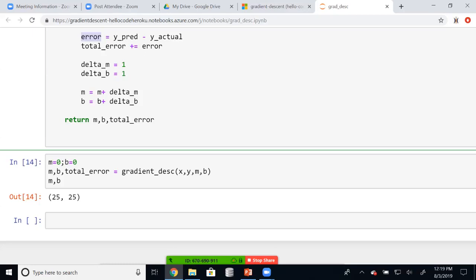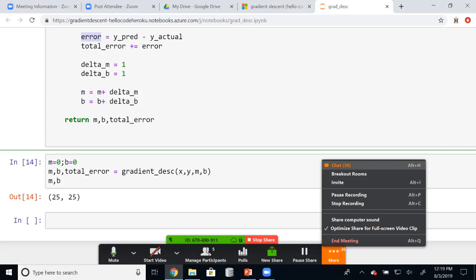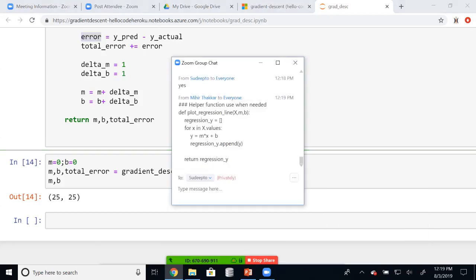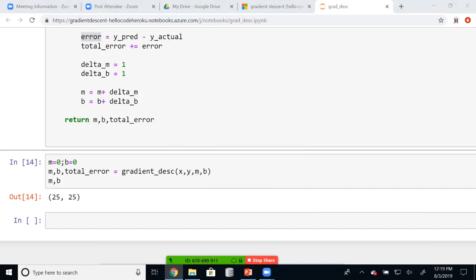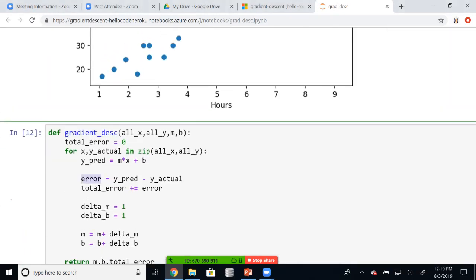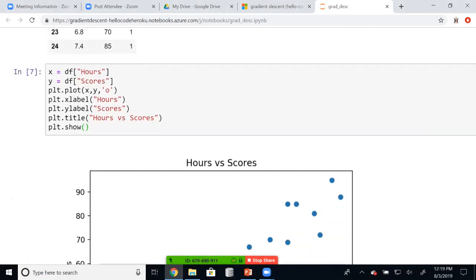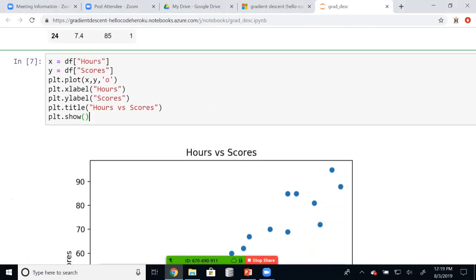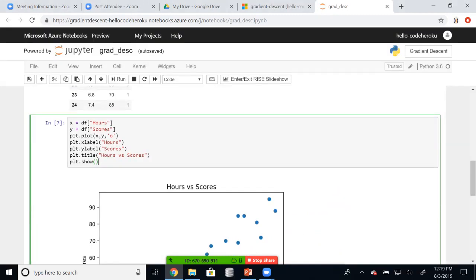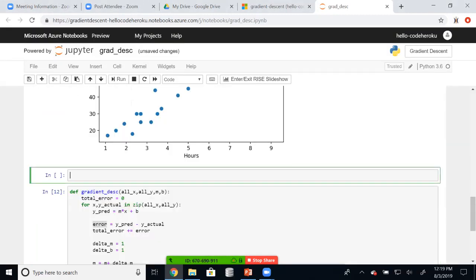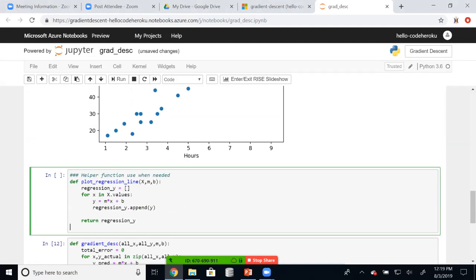What I'm saying is the way we'll make the predictions for the regression line, or the predicted values over there, is y is mx plus b, right? That's the equation over there. So what I want you to do is just go ahead somewhere on the top over here. Let's just add a cell over here. So I'm just going to add a cell and add this helper method over here, which will be plot regression line.